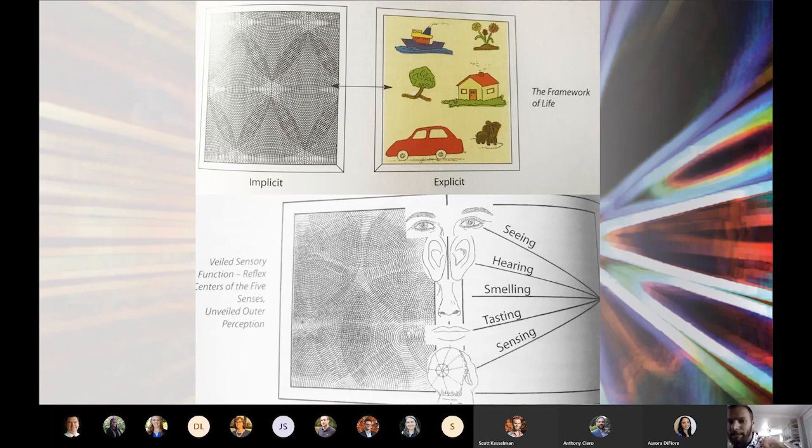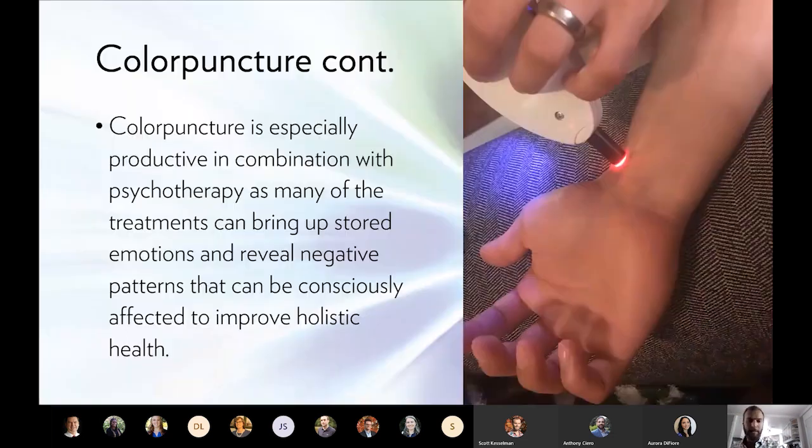But the explicit isn't what the world actually looks like or what the world actually is. That's just how we interpret it. Really, the implicit is a much better picture of what the world is actually like. And if you can make that conceptual leap, you kind of understand how important things like electromagnetic fields are, which are constantly around us and interacting with us, even in the way that we hear and see at a basic level.